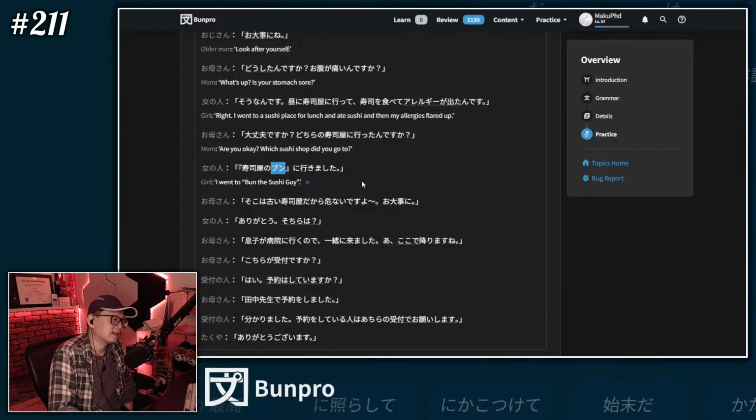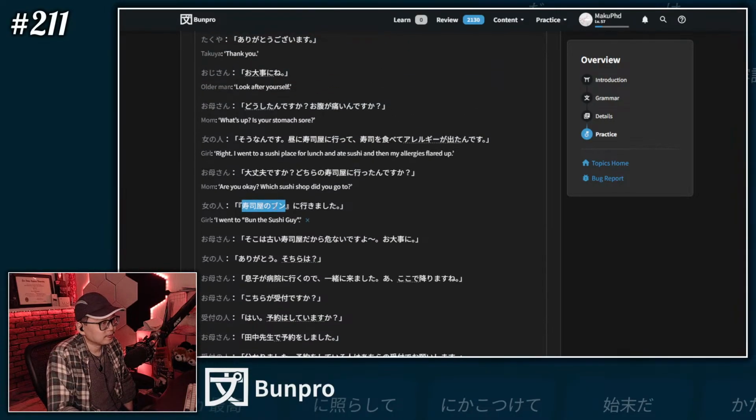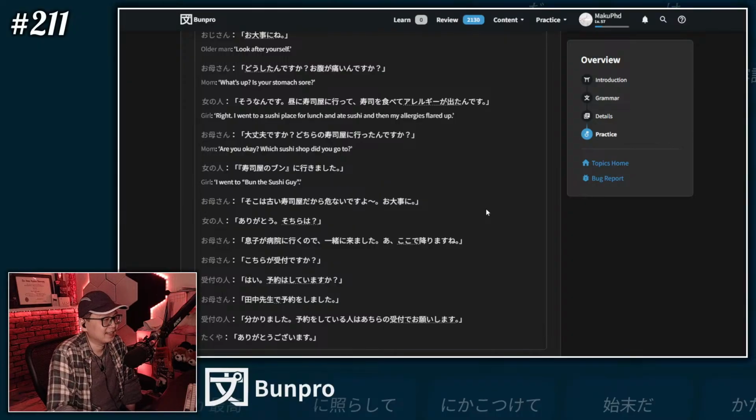I almost feel like that's a pun, like using ya for double meaning here. Basically, the only way I would interpret this is that's just the name of the place. So Sushiya no Bun is just the name of the place. You know, what is that? Namae dake, right? Namae dake desu.